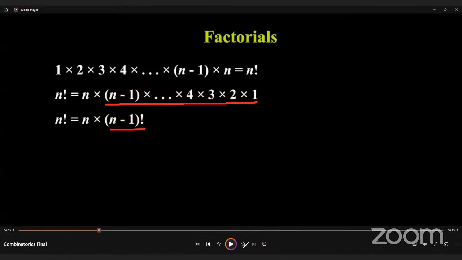So 4 factorial is 4 times 3, that is 4 minus 1, 3 factorial.